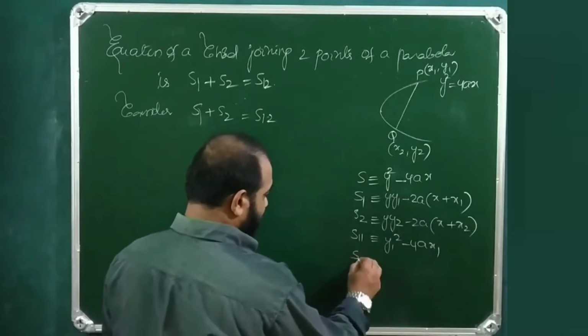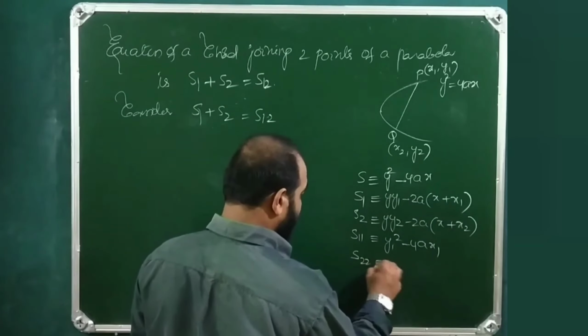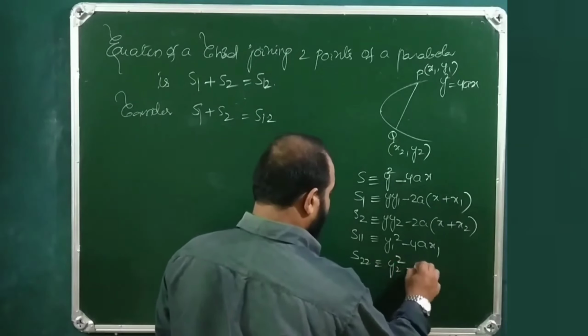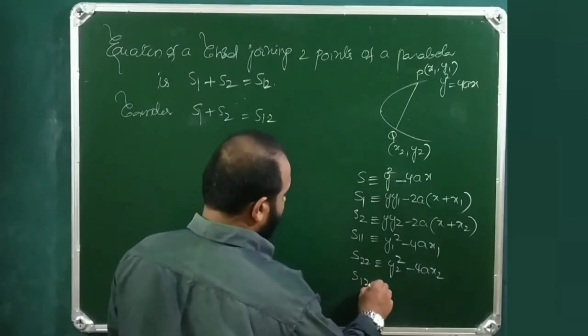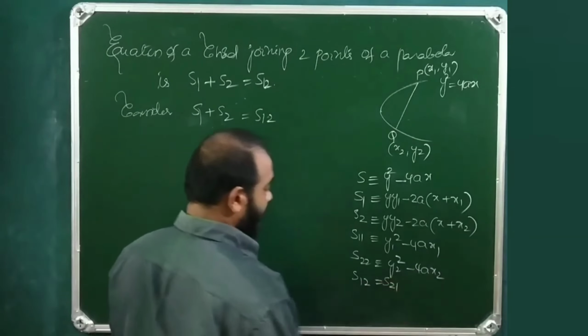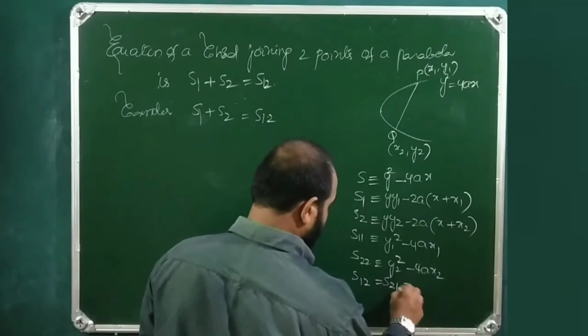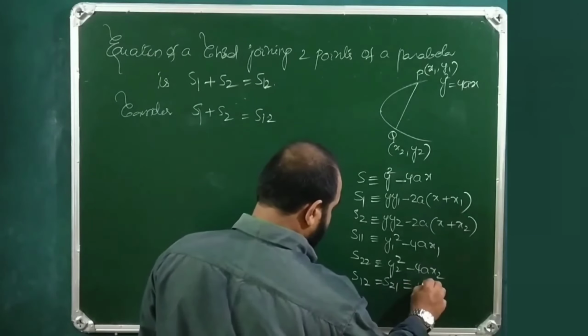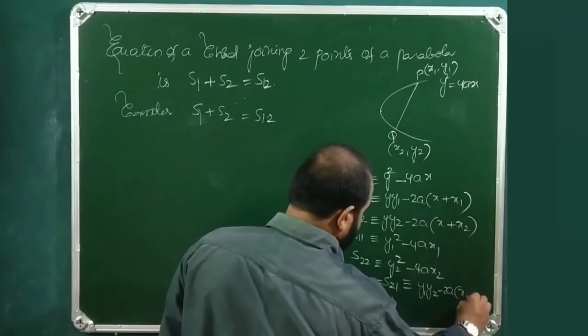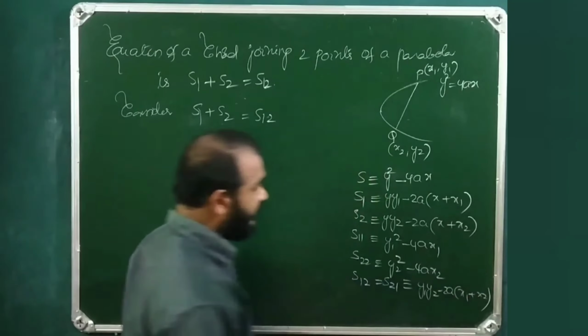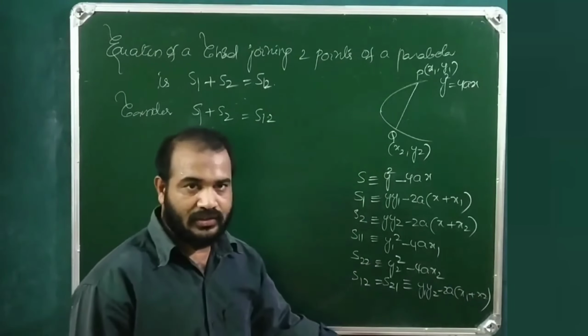And S22 is y2 square minus 4a x2. S12, which is equal to S21, is y1 y2 minus 2a into (x1 plus x2). So these are the notations in the parabola.